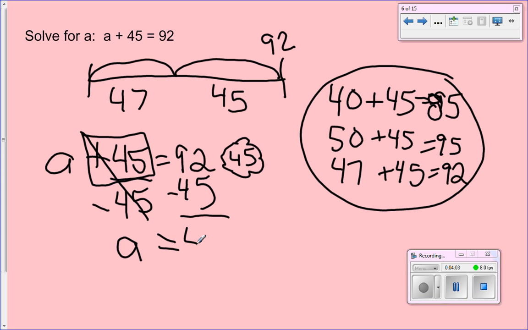When I perform that subtraction, I get 47. And so this method of canceling or taking out what we know to be on both sides helps us isolate or get the variable all by itself. And then we can calculate by using the opposite operation that was used over here to figure out our answer.